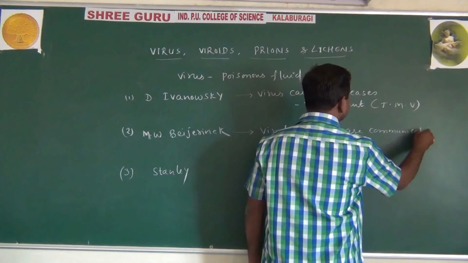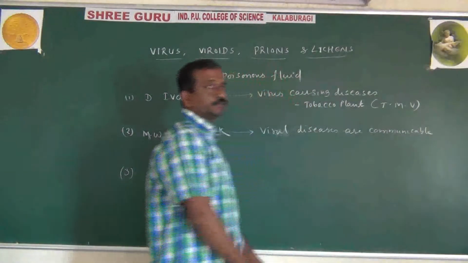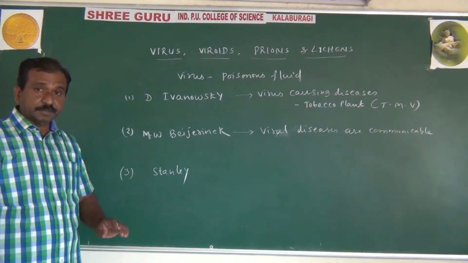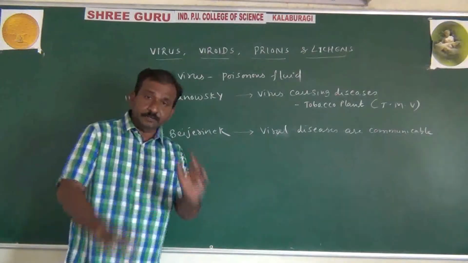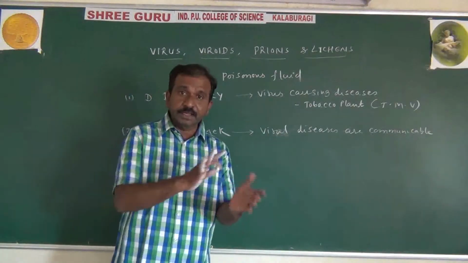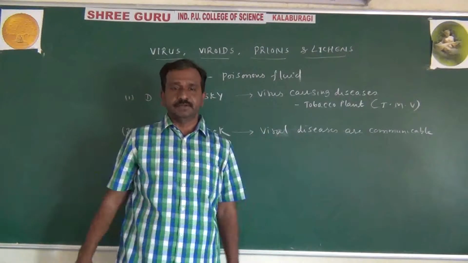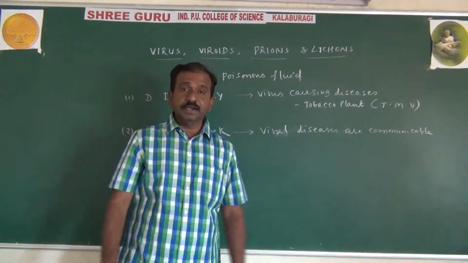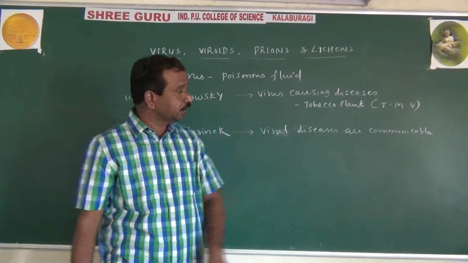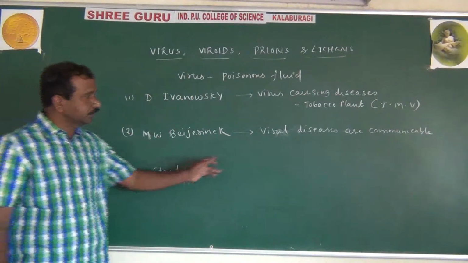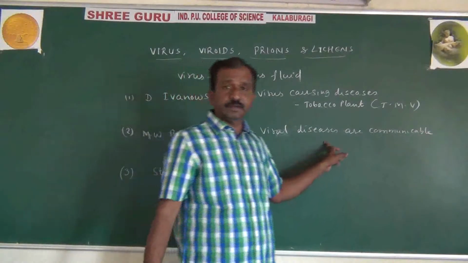What does communicable mean? He took one healthy leaf and rubbed it with an unhealthy leaf, one healthy plant and one unhealthy plant. He rubbed these two, and immediately on the next day you can observe that the other plant also got the disease. That is why he said that viral diseases are communicable.